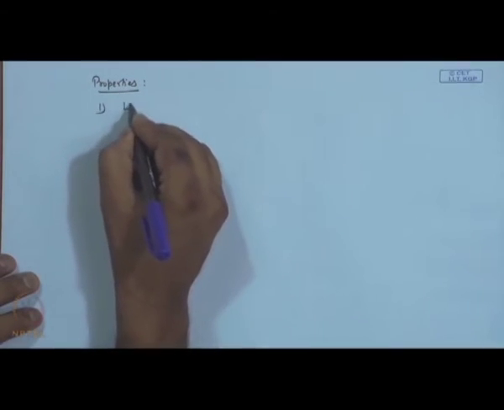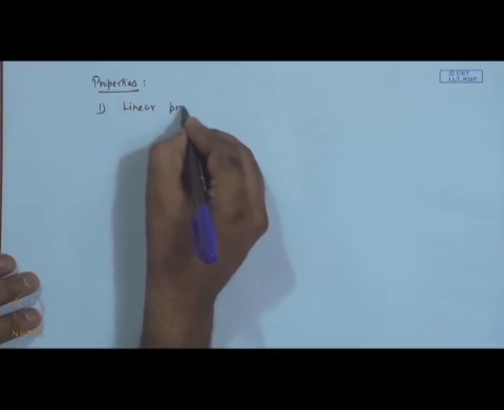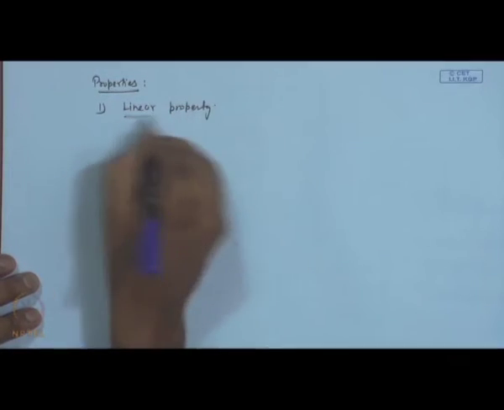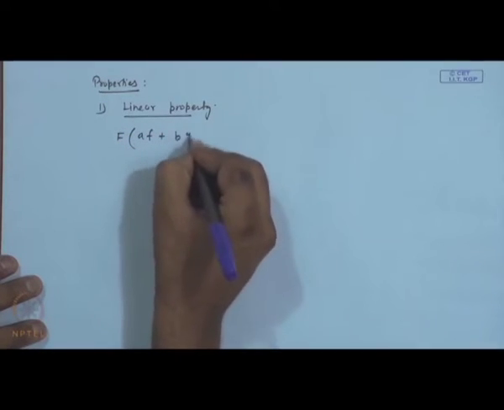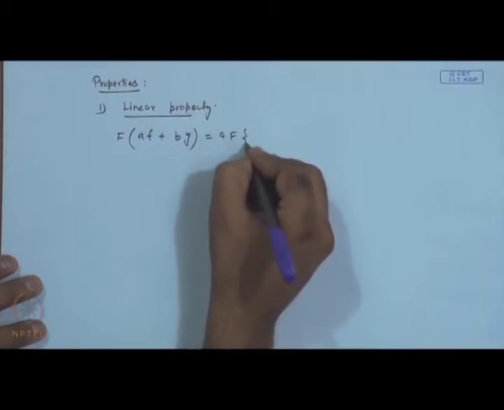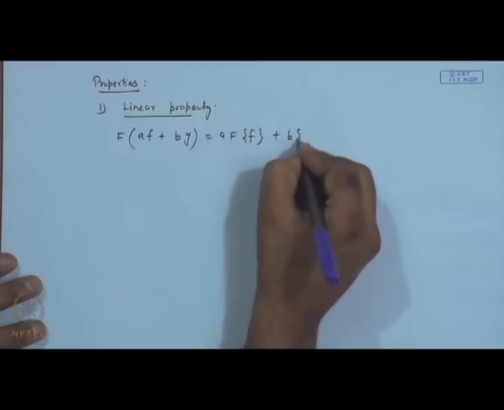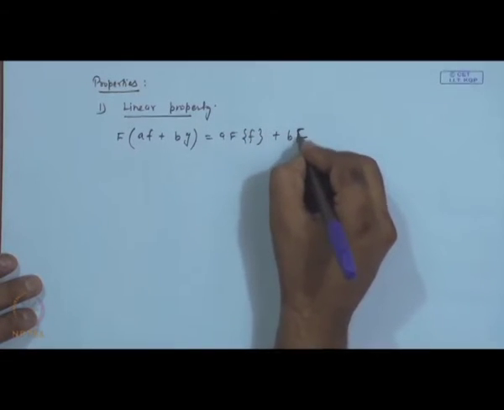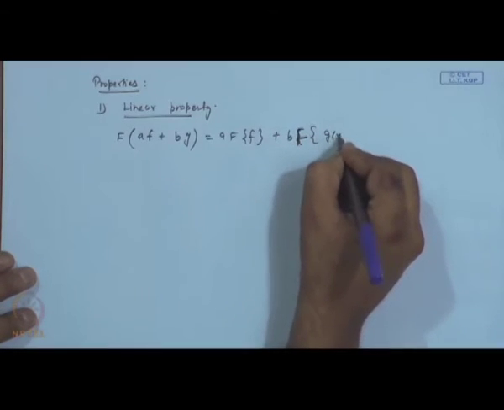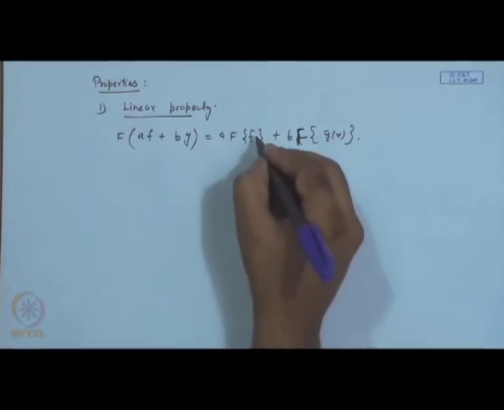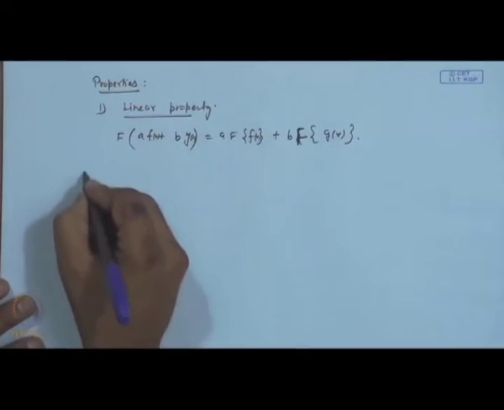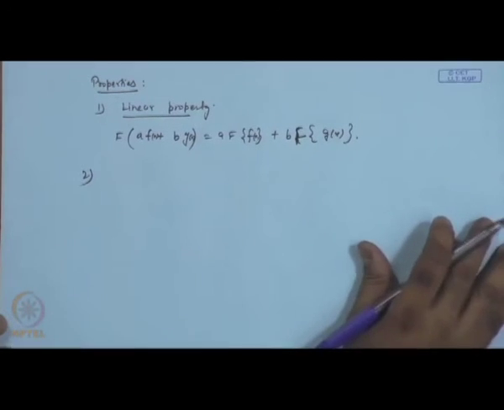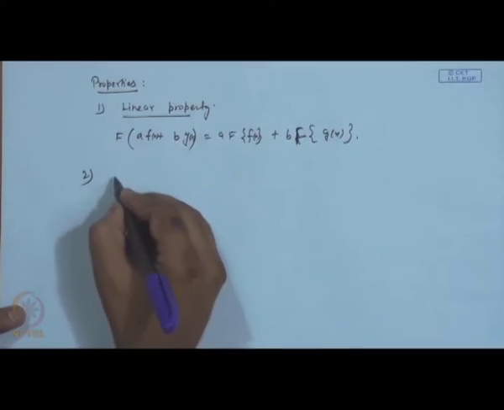First, as usual, we have the linear property, and in this case the Fourier transform of a f plus b g is a times the Fourier transform of f plus b times the Fourier transform of g. We can put here f(x), g(x). This needs no proof, it just comes from the linear property of the integral.